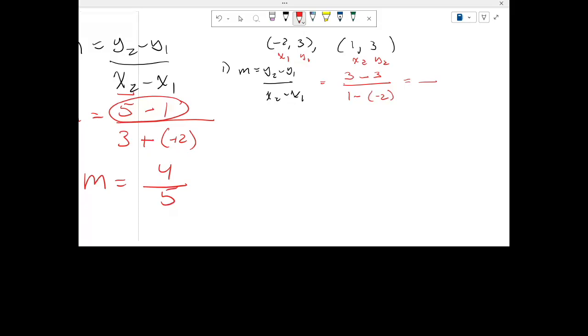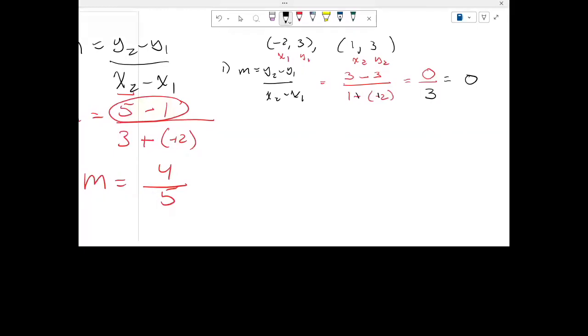Upstairs, anybody know what's 3 minus 3? Boom. 0, right? On the bottom, y'all, minus and minus become plus. What's 1 plus 2? 3, right? Okay, y'all, last question. Anybody got a calculator? What's 0 divided by 3? You can use your phone if you want. 0, right? Okay, boom. All right.